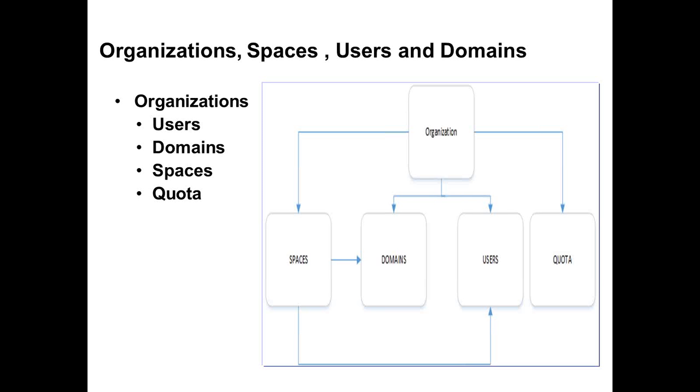So when you work with BlueMix, you will work under an organization. You will work as a specific individual, which is yourself, and you may pair up with other users as part of that organization, and you will deploy the artifacts into a specific domain which is under the organization. There may be multiple domains as well.